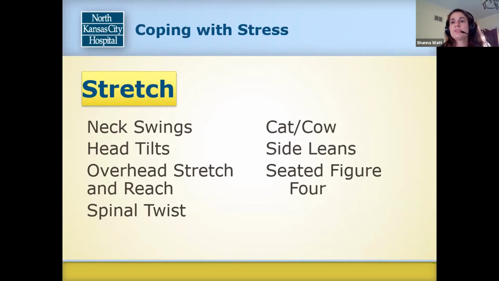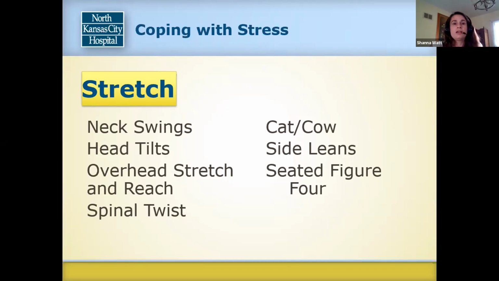The seated figure four, that one's quite interesting. Some of you may not like this one because you can't necessarily bend your knees like this, and that's okay. The seated figure four is where you cross your legs, well, I'm just going to say it like a male. Your ankle comes up onto your knee. Don't cross them all ladylike where your knees are touching. Your ankle is on your knee.